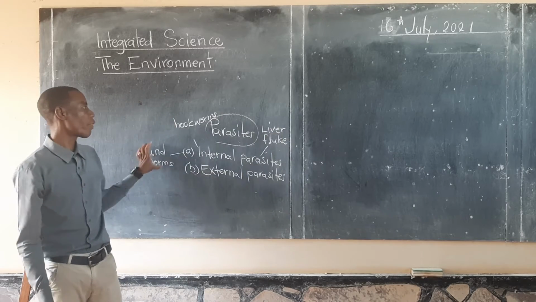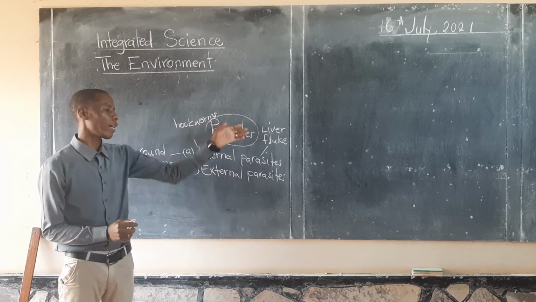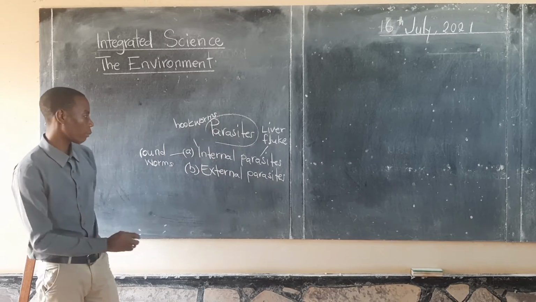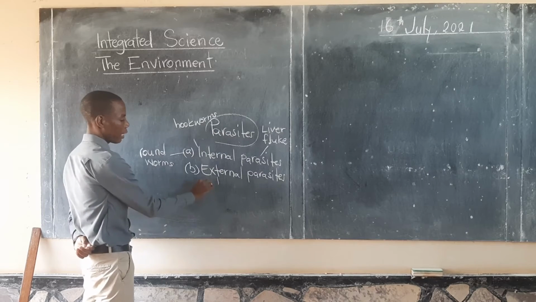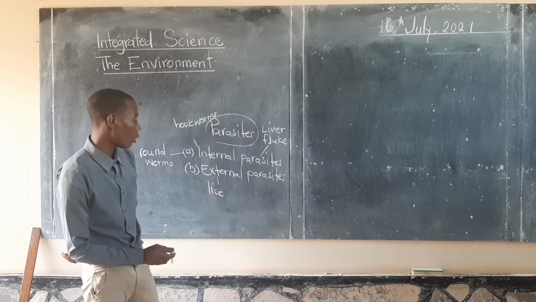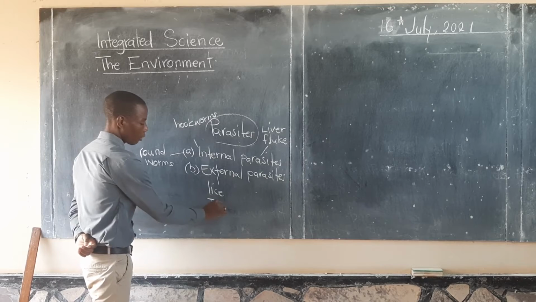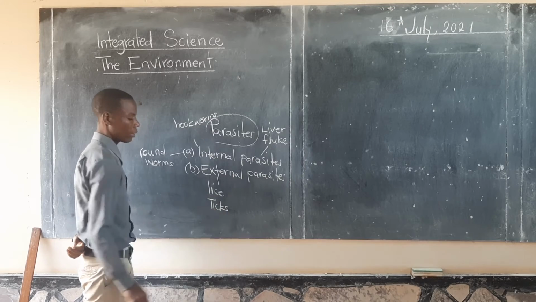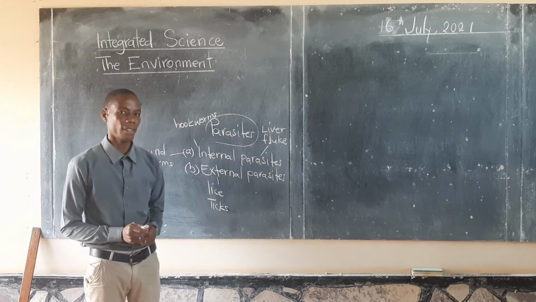We said all these are internal parasites. On the examples of external parasites, we looked at lice. We said lice is an external parasite. Apart from lice, we also talked about ticks. We said ticks are external parasites.